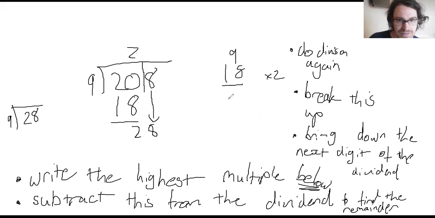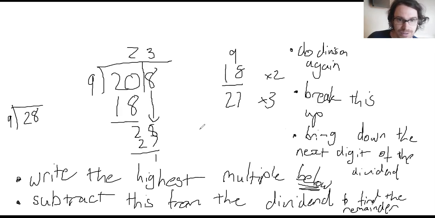So what's the highest multiple of 9 we can get? What's 27? 3 times 9 is 27. And our remainder is 1. No more digits to bring down. Let's stop. So we'll stop whenever we don't have any more digits to bring down.